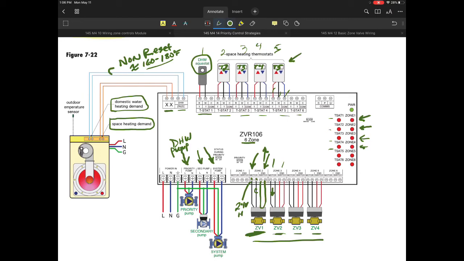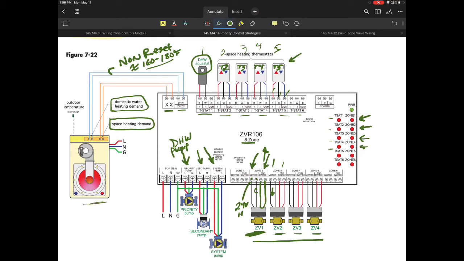So likely being non-reset, we may use an approximate temp for the domestic water, maybe somewhere between 160 to 180 degrees Fahrenheit as the limit. This is somewhat variable. You have to determine what is necessary for your system.